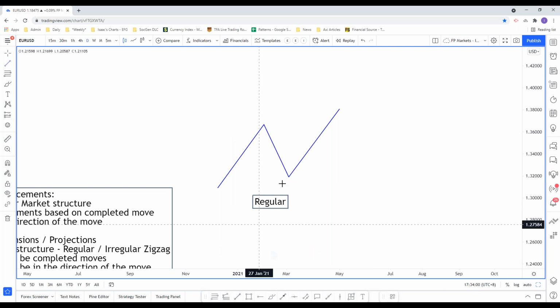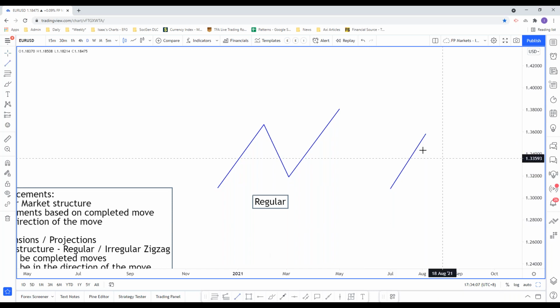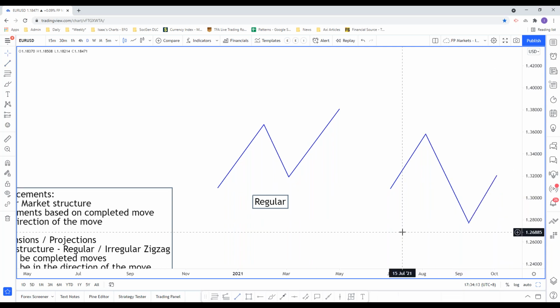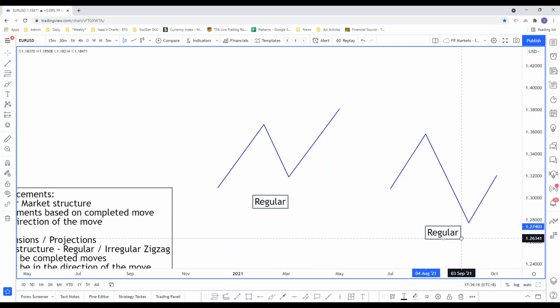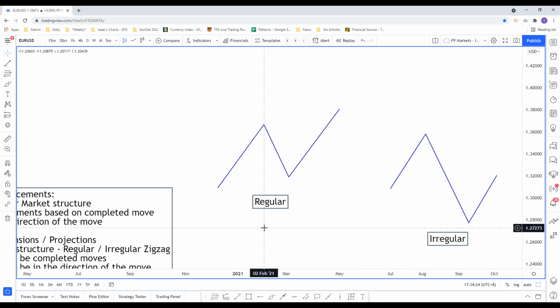And then of course on the flip side you have the irregular. The two kinds of zigzag in the market.